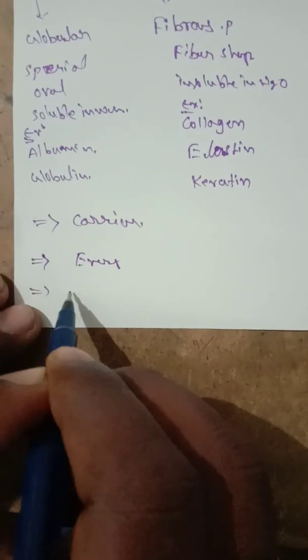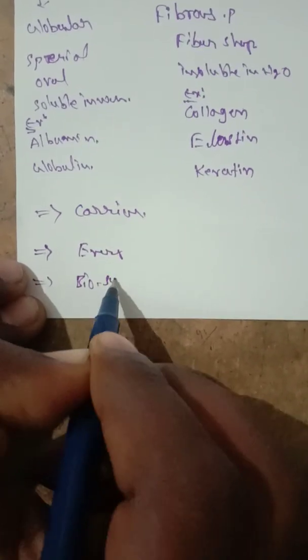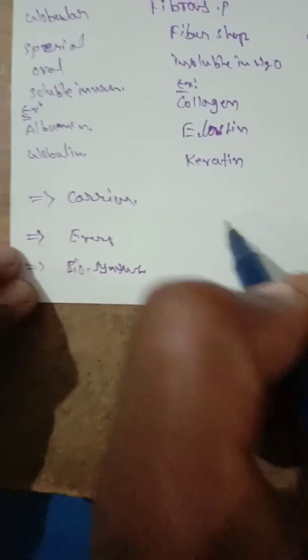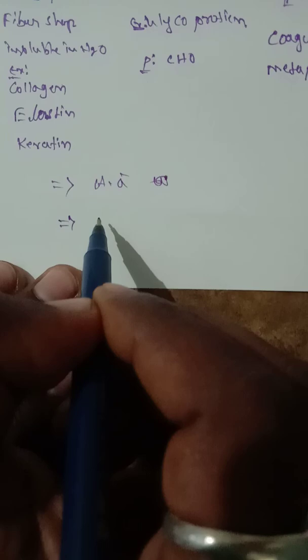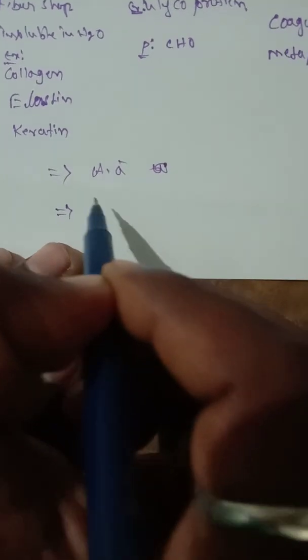These are involved in the biosynthetic reactions also. The next one, upon hydrolysis of protein, it gives amino acids. The next one, the proteins are involved in the storage of genetic information.